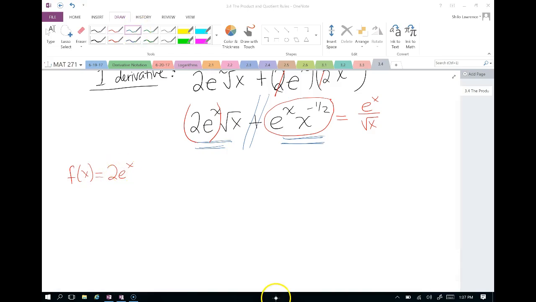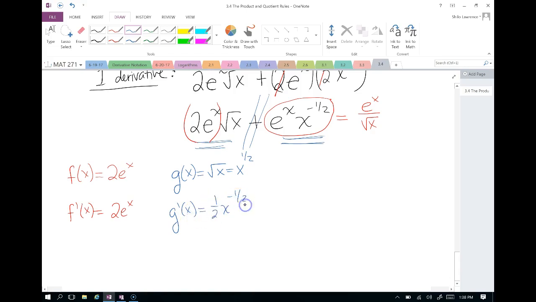My g of x is going to be square root x, which we just said a minute ago is going to have to be rewritten as x to the half. We need the derivative for each piece.